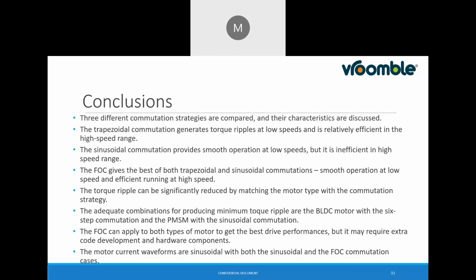I understood, sir. But operation-wise, the BLDC again looks like an AC motor, because we are controlling three phases and inverting that DC supply. Yes, you are right, it looks like an AC motor.